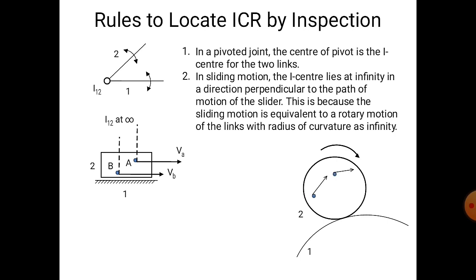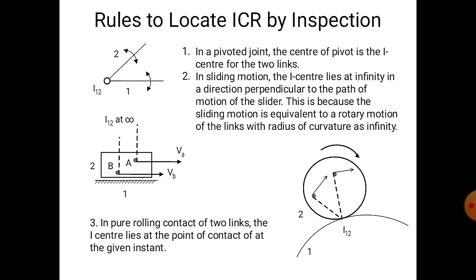In this case, if I consider any points on the roller having their linear velocities as shown, then the perpendiculars drawn to these linear velocities will always intersect at a point which is the point of contact of the two meeting surfaces. Hence, in pure rolling contact, the I center lies at the point of contact at the given instant.